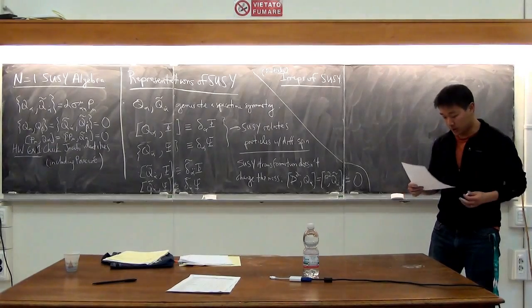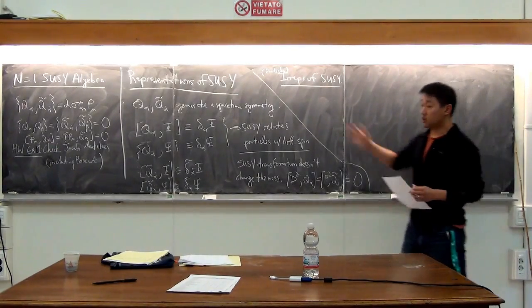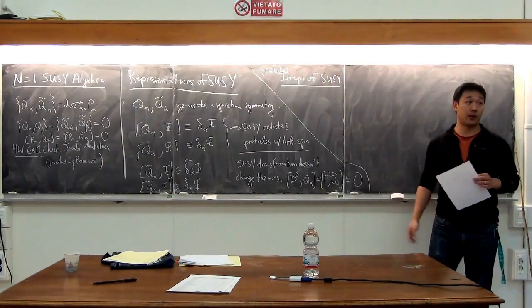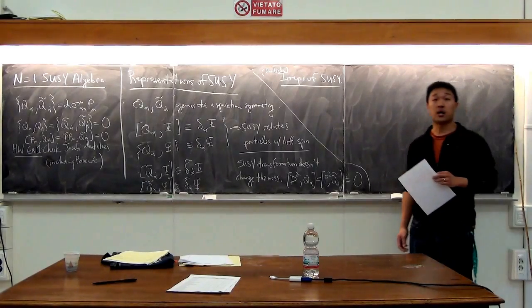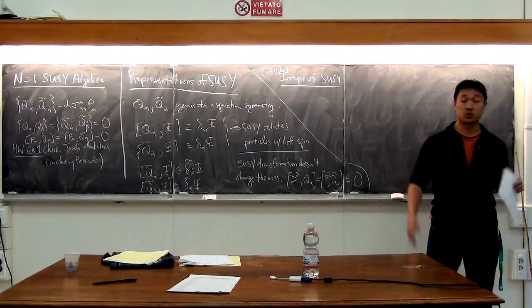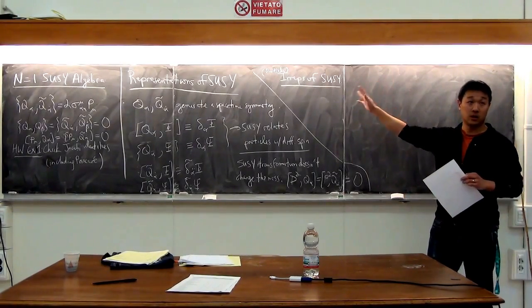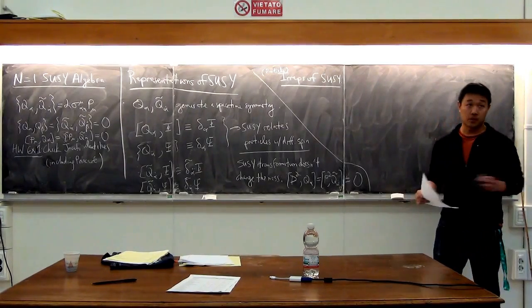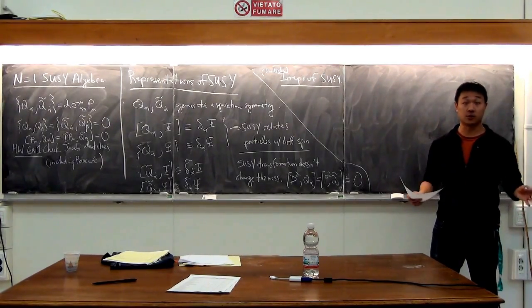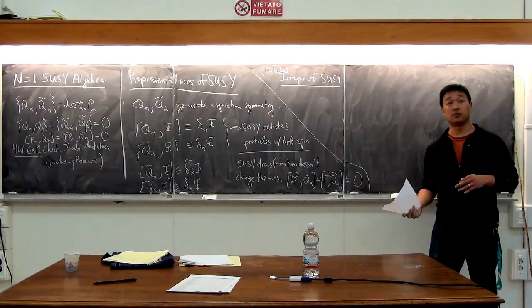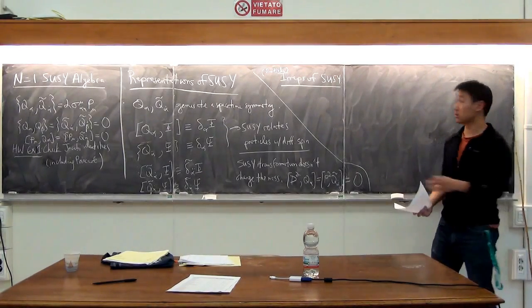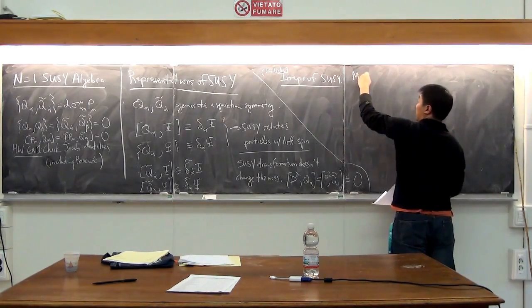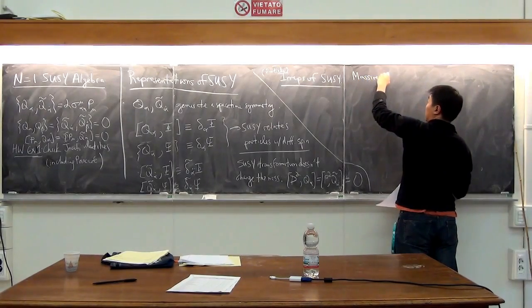How does it fall into irreducible representations of SUSY? It turns out there's a very simple trick to get that answer in like two lines. The details of the trick depend on whether the particle is massive or massless. Okay, so let's do the massive case.